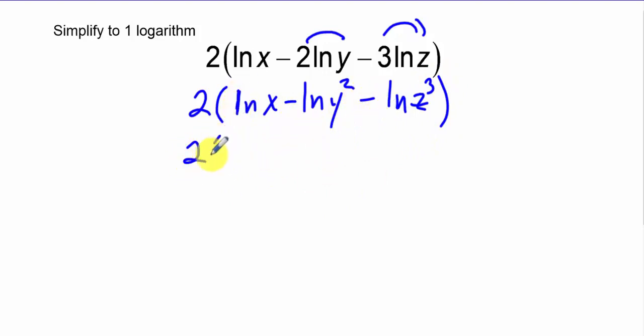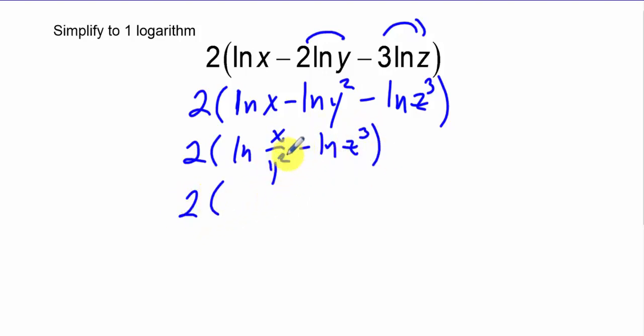Usually people have a tough time with this because they try to do too much at once. I'm just going to do this. I'll take the natural log of x over y squared minus the natural log of z cubed. And notice when we subtract, or when we divide this time, I'm not going to put another division sign down because dividing is the same as multiplying by the reciprocal.